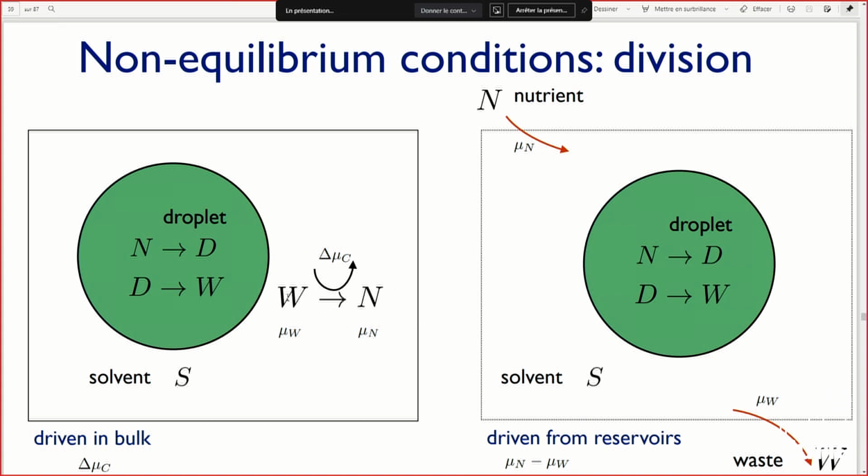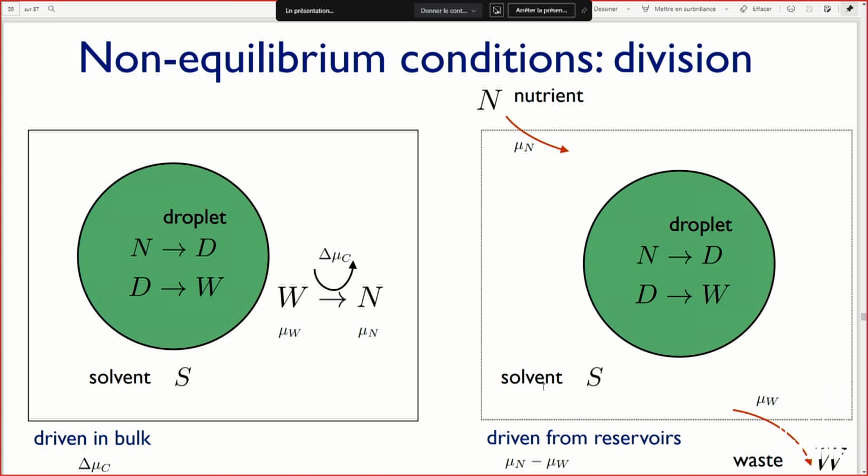Here the waste is used to recreate some higher energy nutrient. And that's what we call driven in the bulk. So there is something happening in the bulk that puts energy into the system, that drives it out of equilibrium. Physically, that could be, for example, radiation like light. If you think of how plants get energy, that would be the type of process.